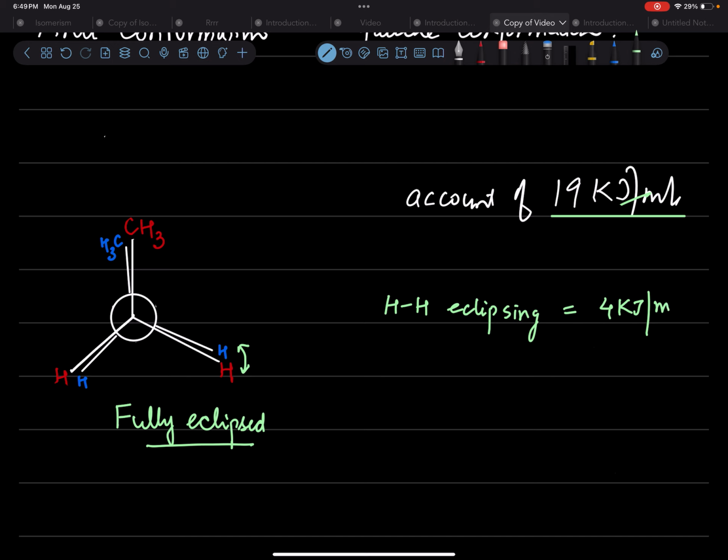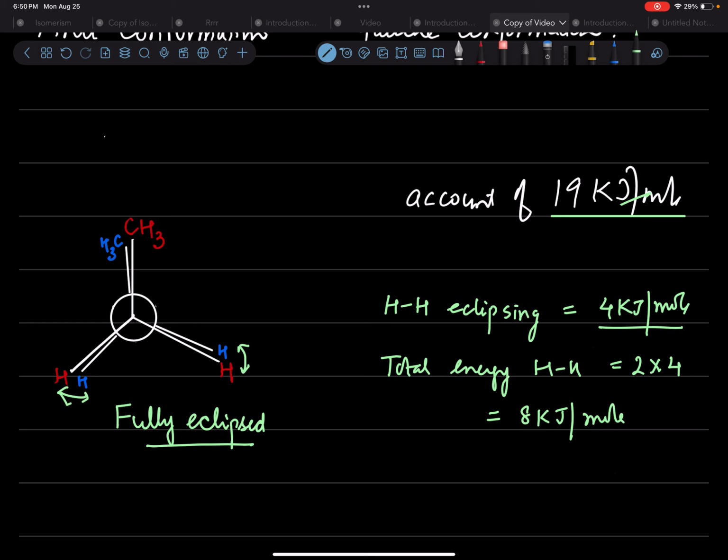Torsional energy increases by 4 kilojoules per mole when hydrogens and hydrogens are eclipsing each other. Since in this conformation, we have two hydrogen-hydrogen eclipsing interactions, the total energy increase because of hydrogen-hydrogen eclipsing is 2 times 4. So 8 kilojoules per mole of energy has increased because of hydrogen-hydrogen eclipsing interactions, right?